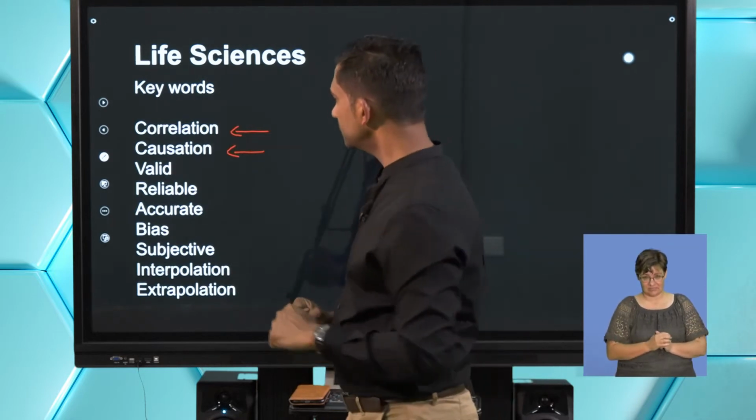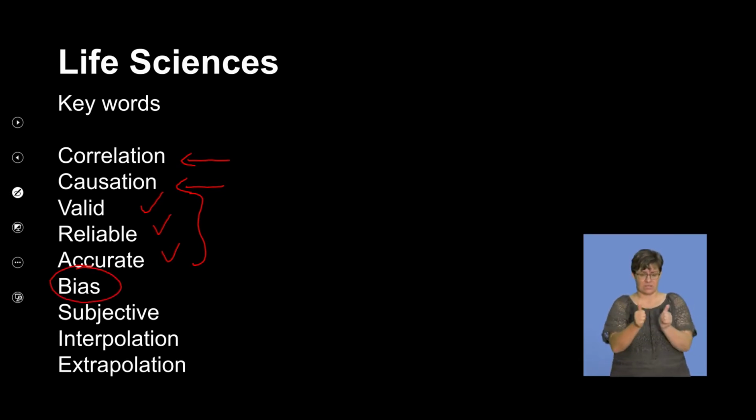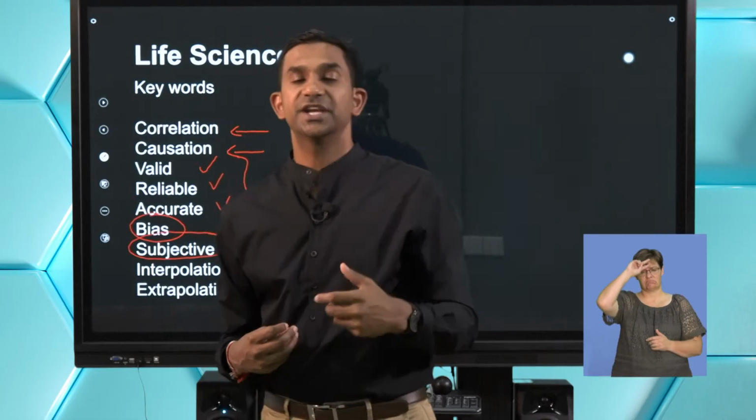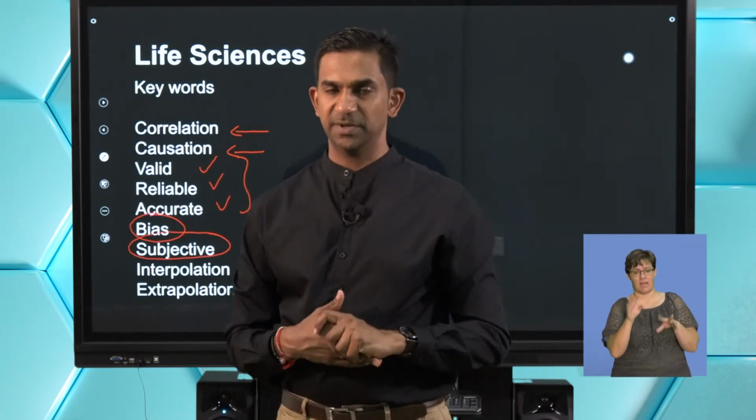Okay? We've been exposed to the terms valid, reliable, and accurate, which we need to incorporate into our analysis of results. A term that I'm introducing today is biased or subjective. Okay? So let's refer to the interpretation of color in a qualitative experiment.